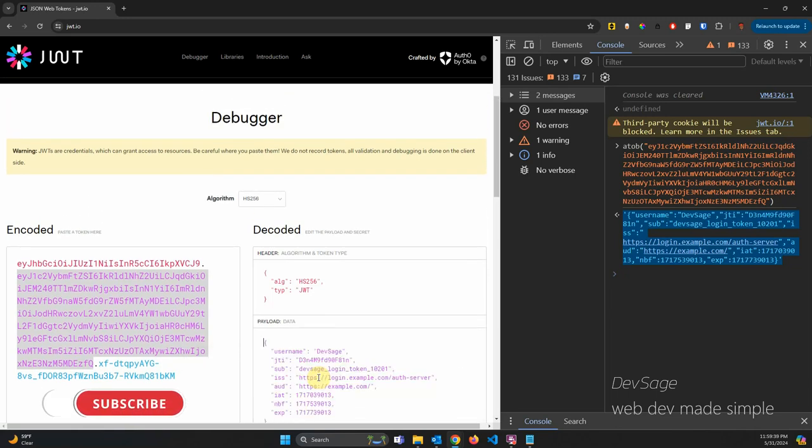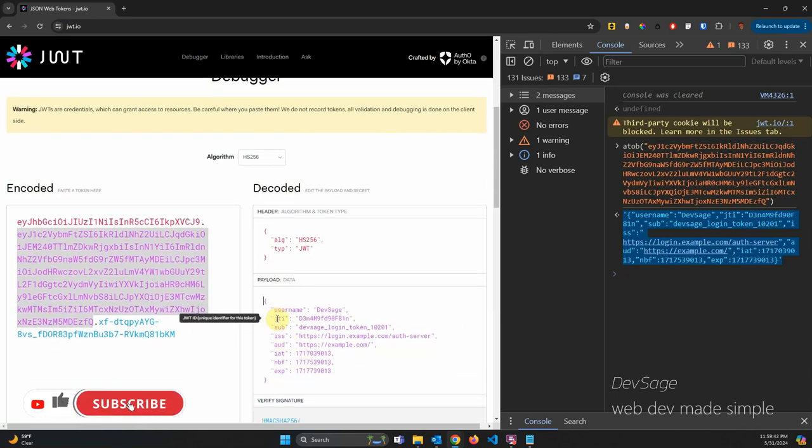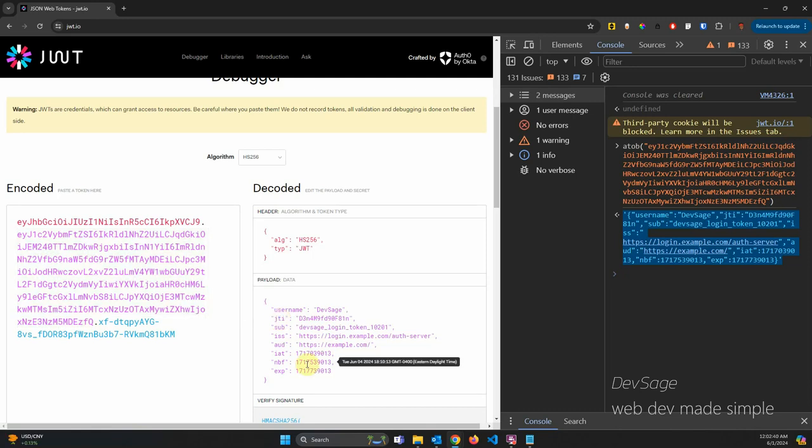And so if I were to go down, let's say jti, this represents the JWT ID. It's a unique identifier for this particular JWT. The next registered claim is the sub claim, or subject. And this essentially identifies the principal, or the participant, that is the subject of the JWT.